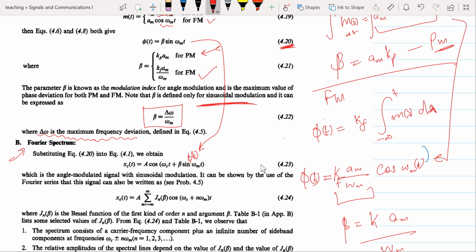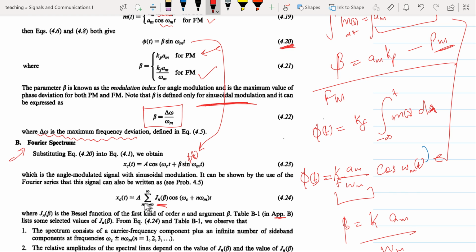This is now an angle modulated signal with sinusoidal modulation, and we can show by the use of Fourier series that this signal can also be written in terms of the Bessel function of the first kind, which can be viewed in appendix B of our text.